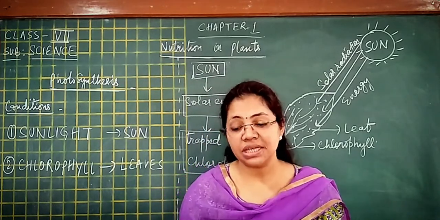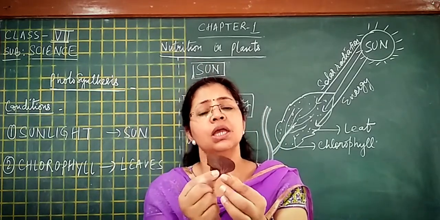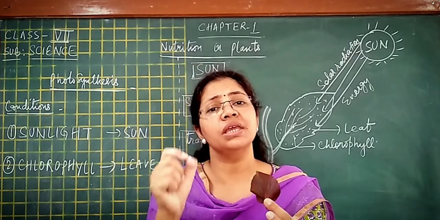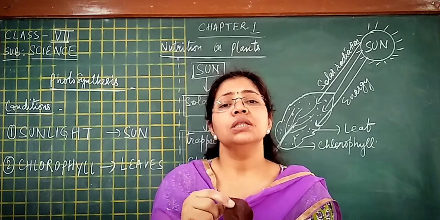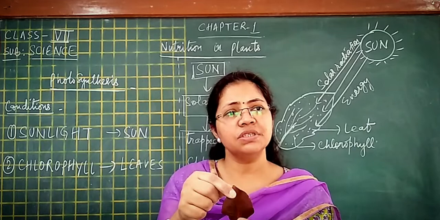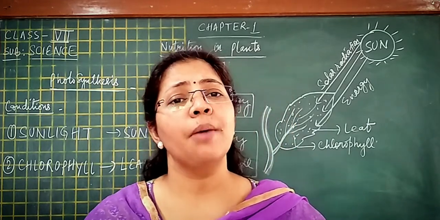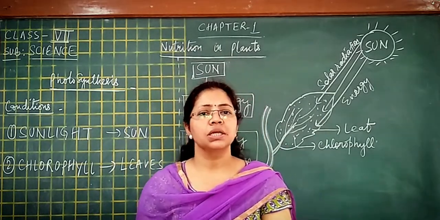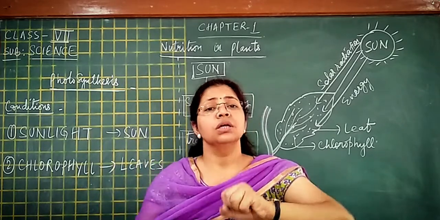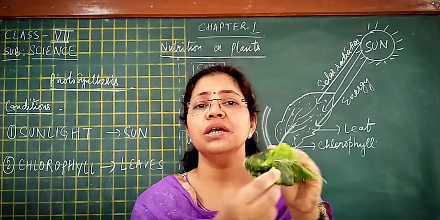Yes. And the reason is that, students, in the leaves which are not green, the amount of chlorophyll present is very less, and the amount of other color pigments present in the leaves is very large. So what happens? The large amount of other color pigments mask, hide, cover the small quantity of chlorophyll present in these leaves.